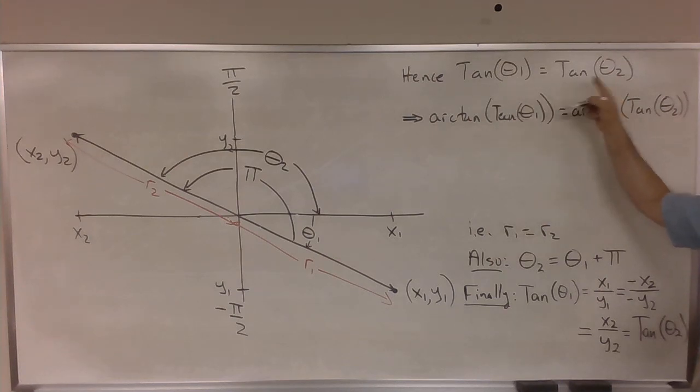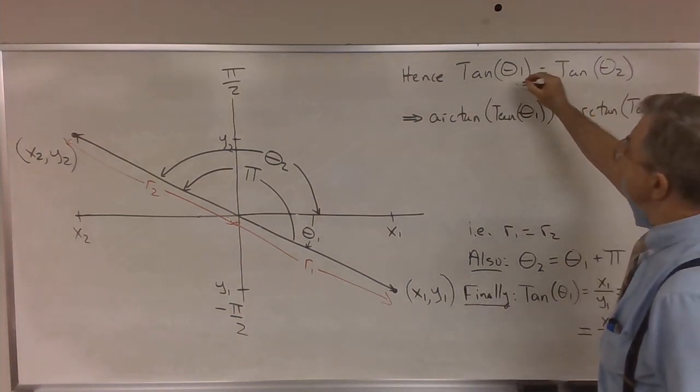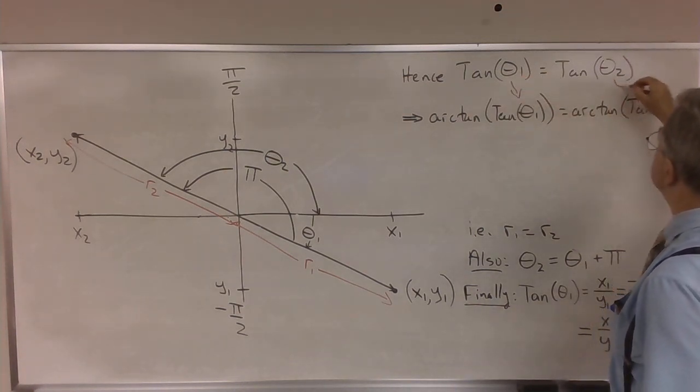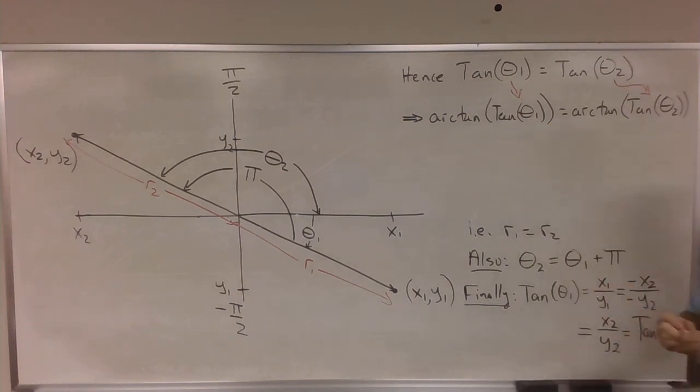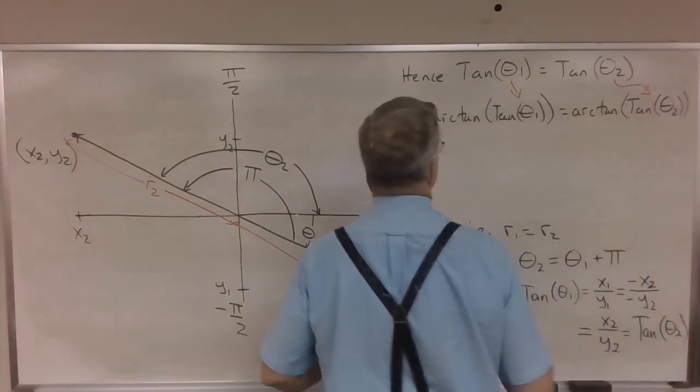These two numbers are equal. So when we plug equal numbers into the arctangent function, we have to get the same thing. We're not going to get theta 2 here.